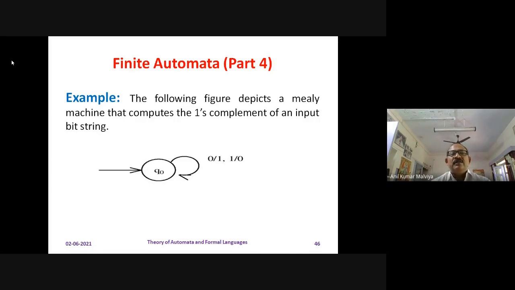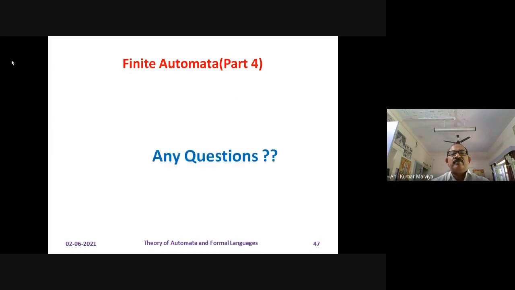This Mealy machine will perform this work, having a single state Q0. If input is 0, it gives the output 1. If input is 1, it gives the output 0. This is one example of a Mealy machine.